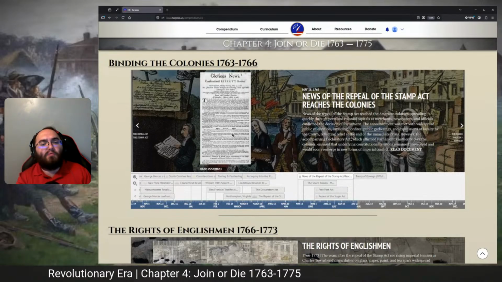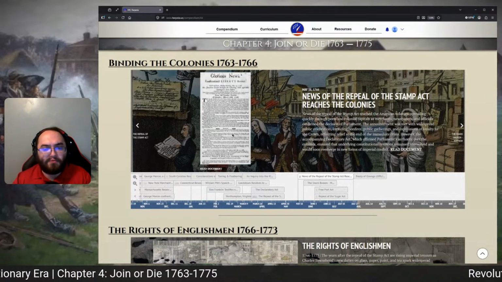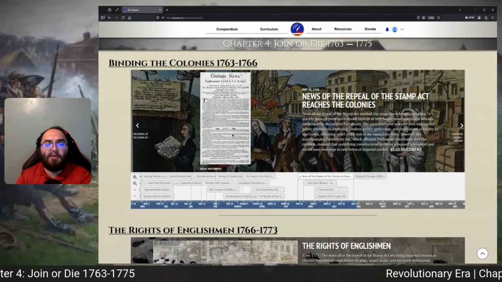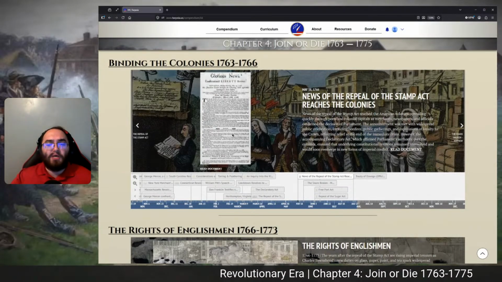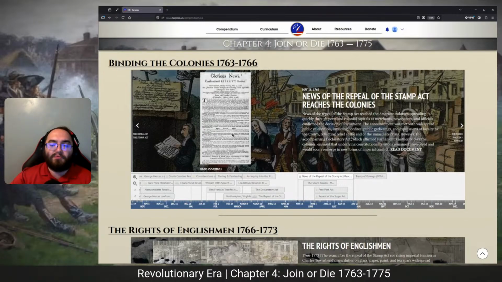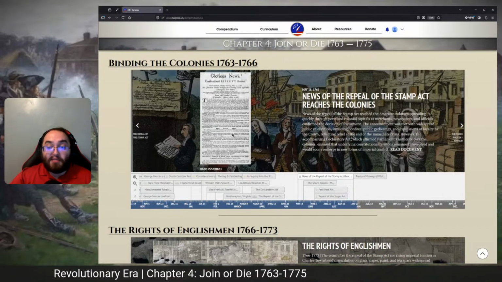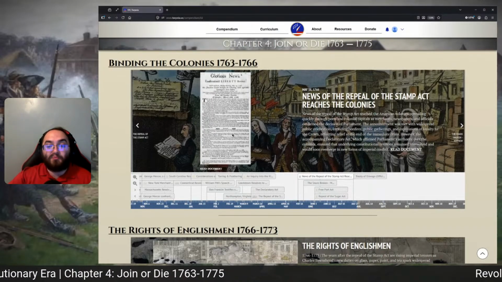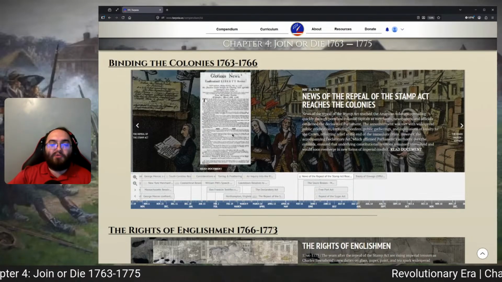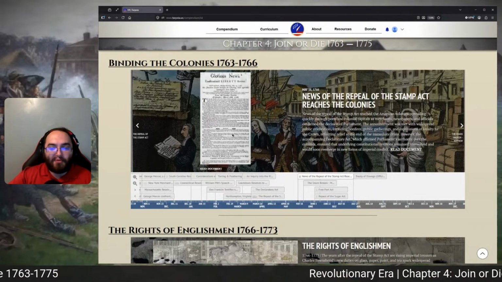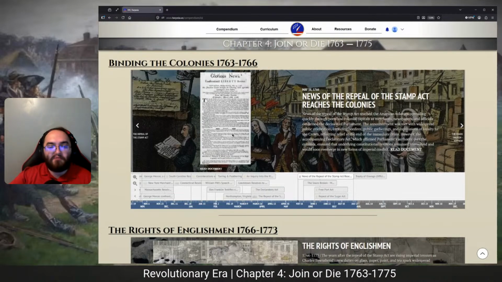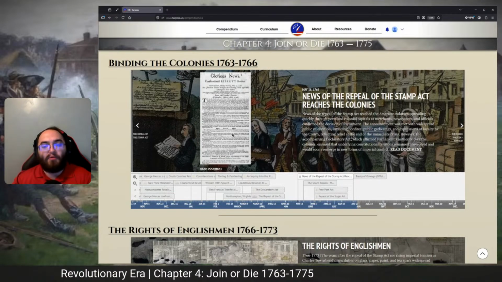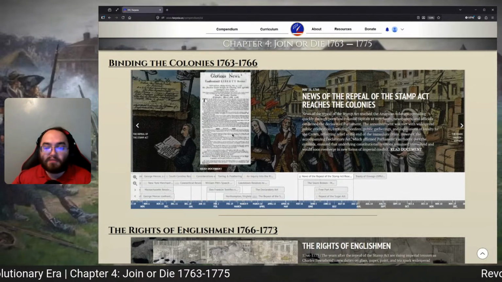News of the repeal of the Stamp Act reached the American colonies, spreading quickly through ports and colonial capitals as merchants, newspapers, and officials confirmed the decision of Parliament. The announcement was met with widespread public celebration, including bonfires, public gatherings, and expressions of loyalty to the Crown, reflecting relief at the end of the immediate crisis, the stamp crisis.